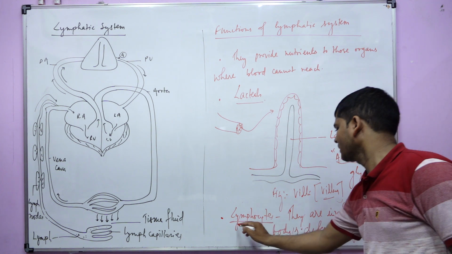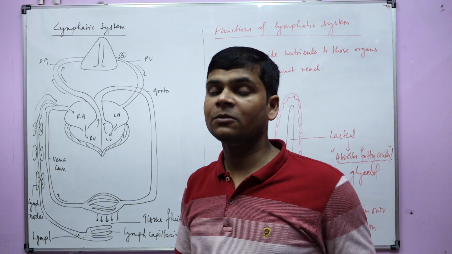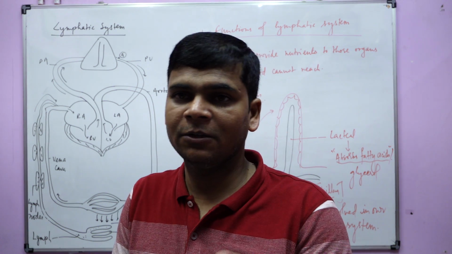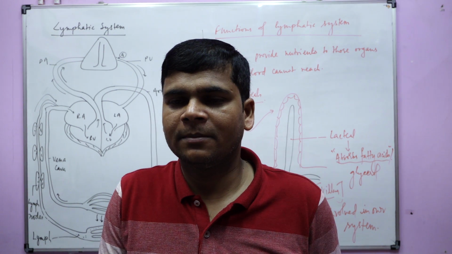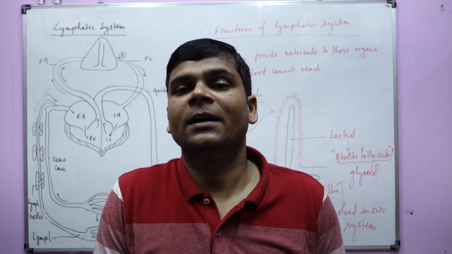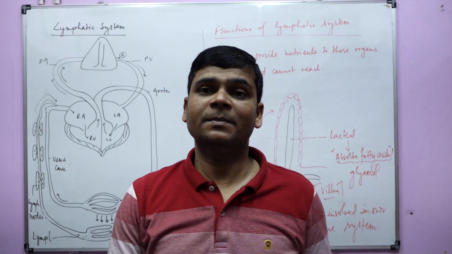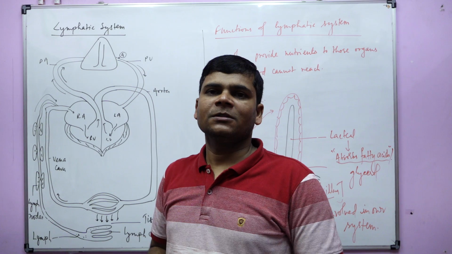Because these lymphocytes are a kind of white blood cells, and they produce antibodies. And you must be knowing that antibodies are the special proteins designed by our white blood cells. They are differentiated, they are specialized to fight against infections.